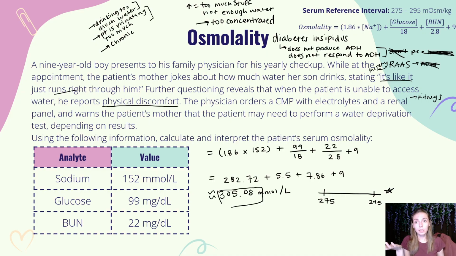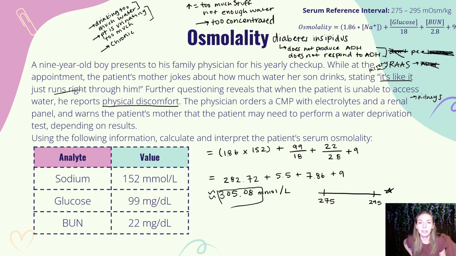One of the follow-up tests that we do with those patients who we think may have diabetes insipidus is a water deprivation test, which is basically just they don't get access to water for like 2 to 8 hours, I believe. And we see if it causes them physical pain. It's kind of draconian in terms of testing methodologies. It's not like a laboratory test that we do.